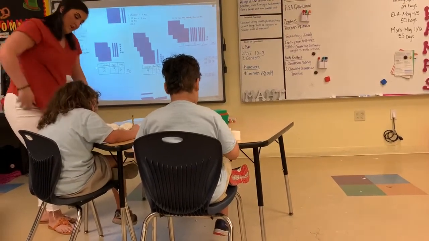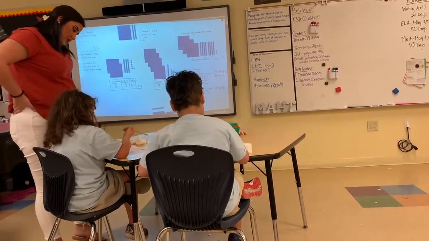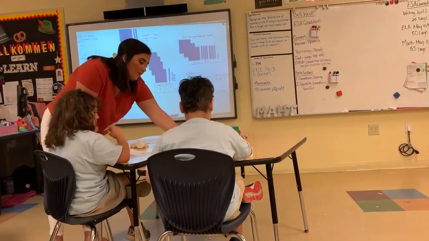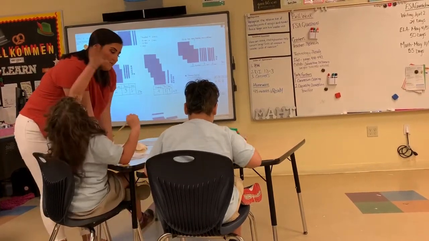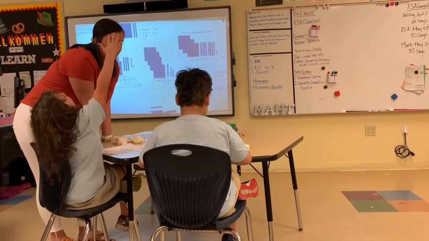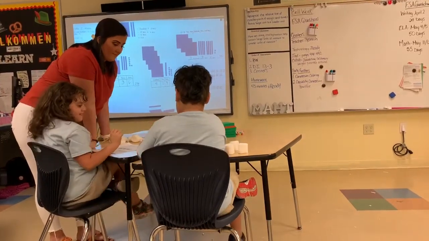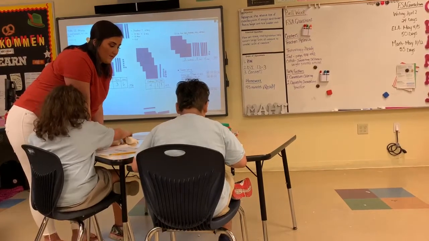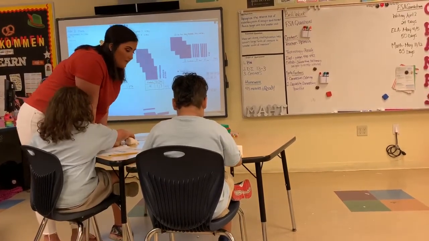Okay. It says write the digits in the place value chart. Good job, Ashley. All right. So how many hundreds do you have? 1. And then how many tens do you have if you use your marshmallows? 2. And then how many ones? 5. Yes. Okay.